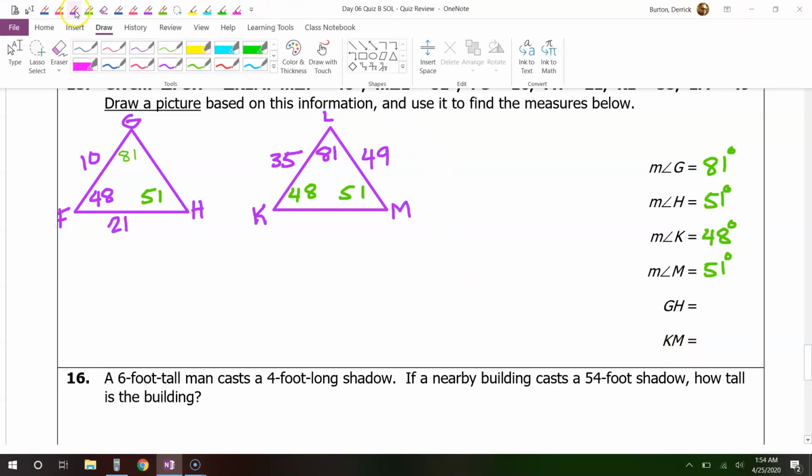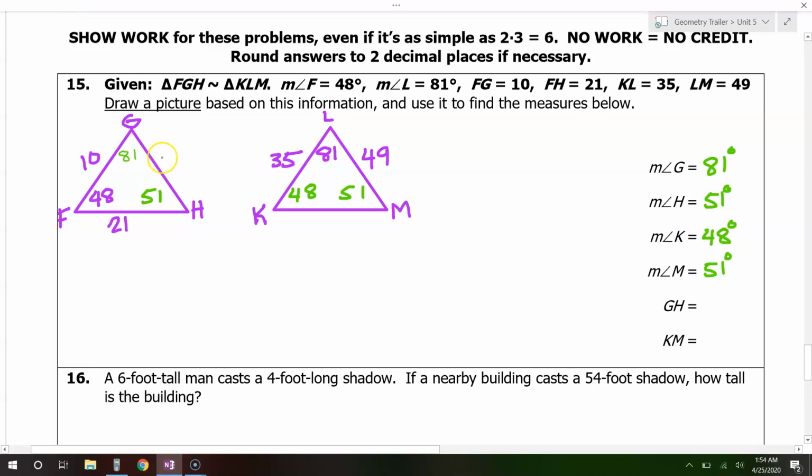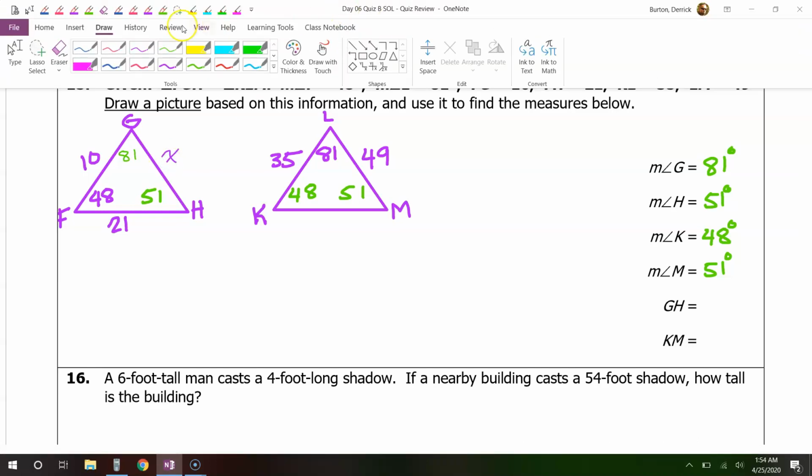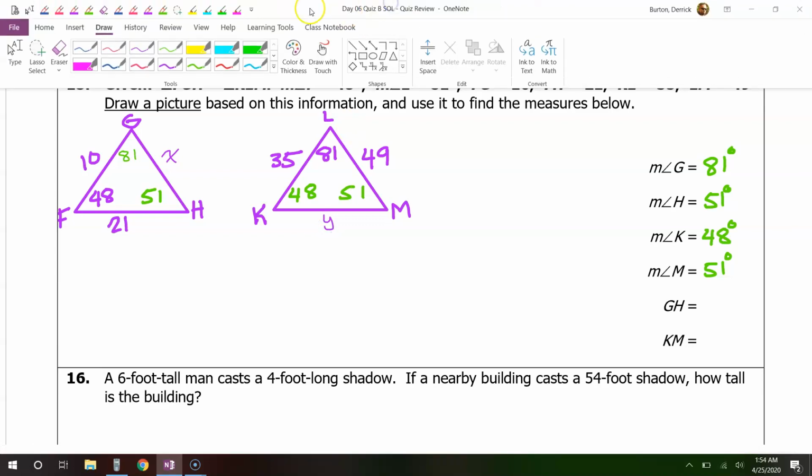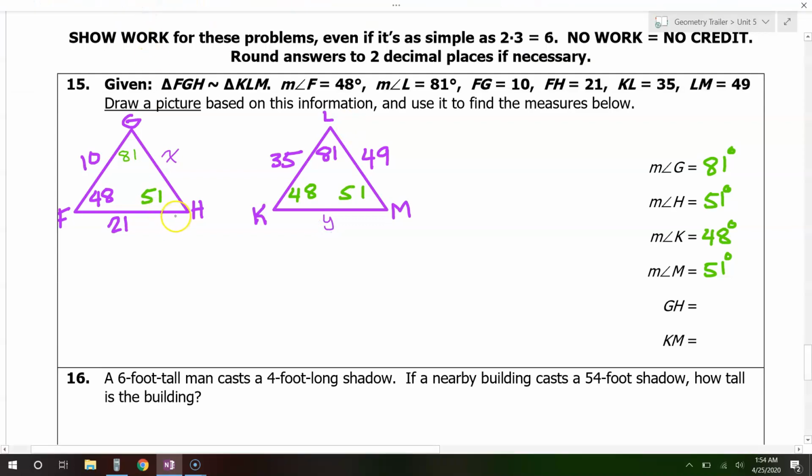All right, so for GH, I'm going to put an X. And now we need to find that X. And for KM, I'm going to put a Y. Okay, so I'm going to consider this triangle to be new. Pick one triangle to be new and one triangle to be old.